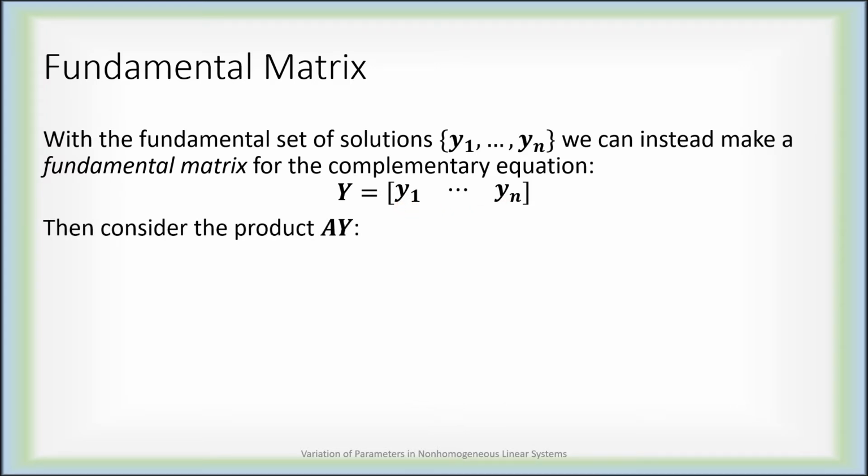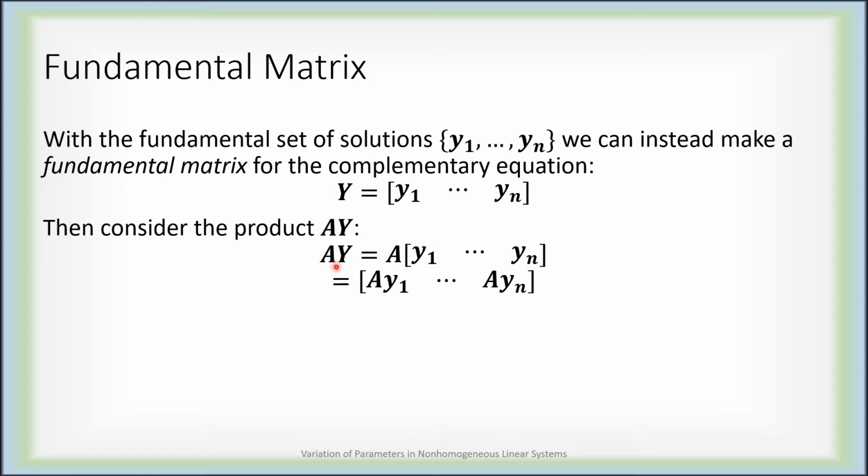Then we can consider the product A times capital Y. So A times capital Y is just a matrix whose columns are given by the yi. Distributing this multiplication simply says the first column is given by A times the first column, the next column of the matrix is given by A times the second column, all the way through.